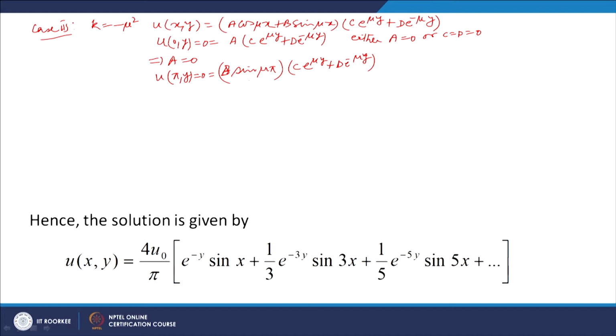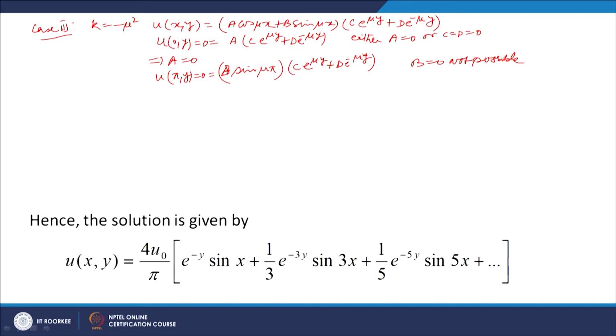Now, this is 0 means either b is 0, b equal to 0 gives you u(x,y) equal to 0. So, b equal to 0 is not possible. c e to the power mu y plus d e to the power minus mu y cannot be 0, because for that c and d both have to be zeros, and when c and d both are zeros, again u(x,y) is 0.